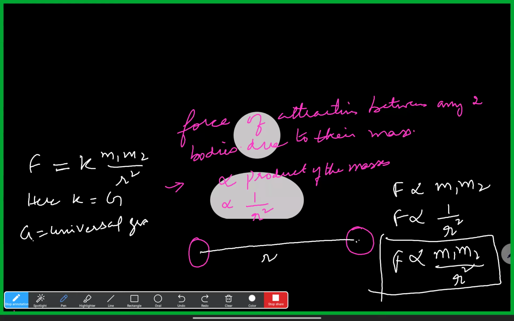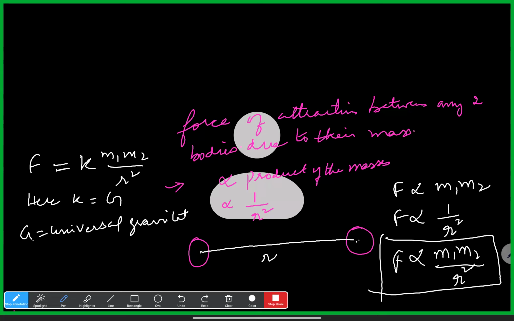Sir, why did you put K there? Generally, Pranavi, in any proportionality we remove the proportionality symbol and get an equation. Like when F is proportional to MA, we write F is equal to K into MA. In that case K is 1, and finally F is equal to MA. Any proportionality, if we remove, we get a constant multiplied with the right side.